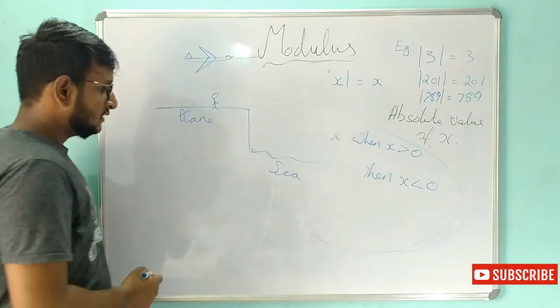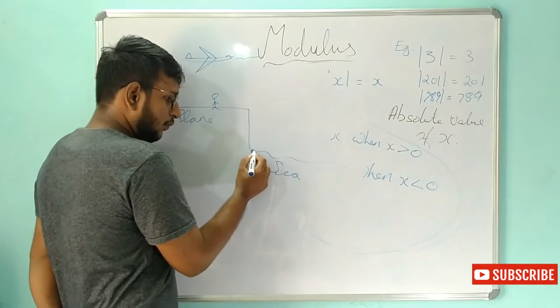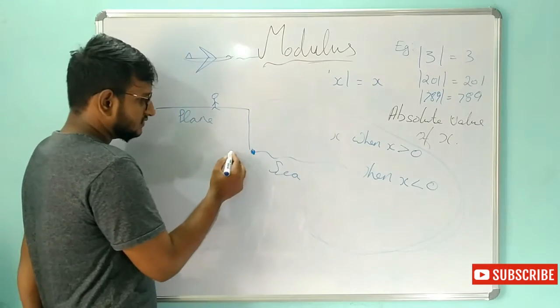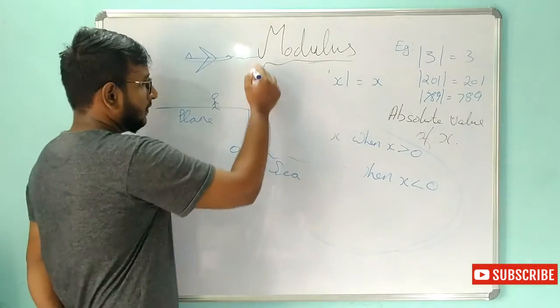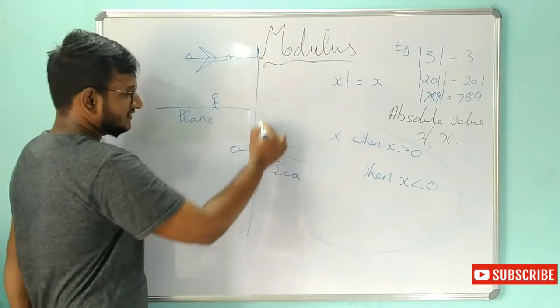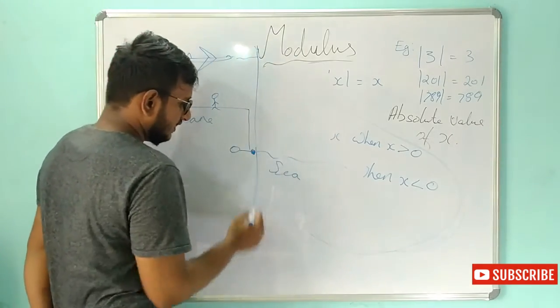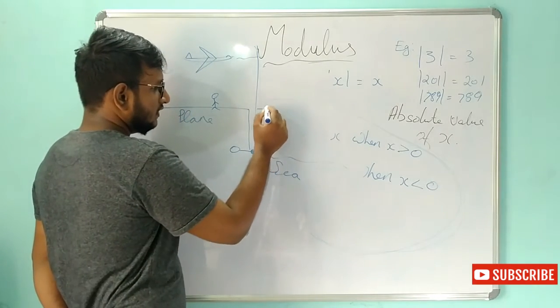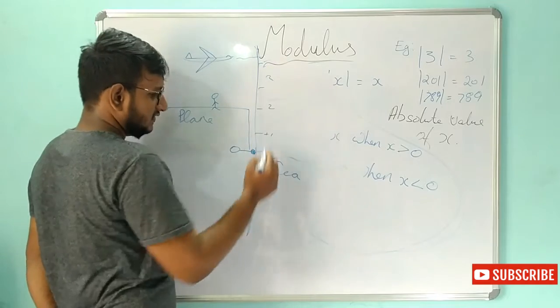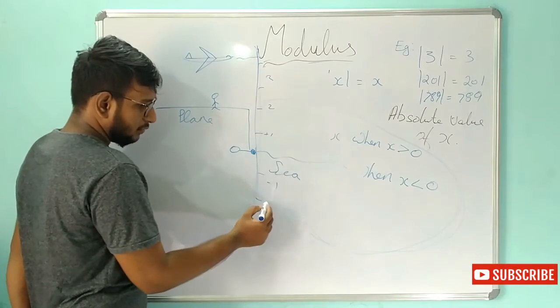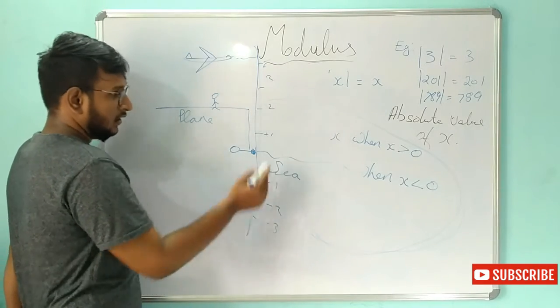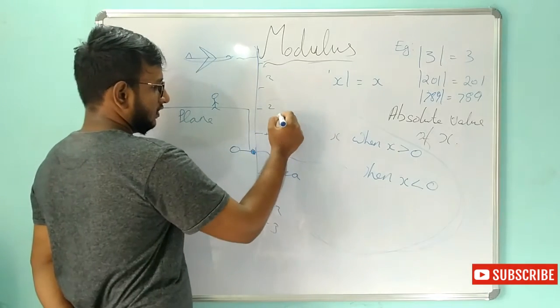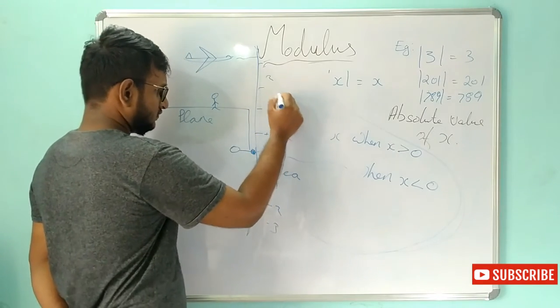Here the sea level becomes the 0 of the number line. If you take this as a number line, it starts at 0, then plus 1, 2, 3 and so on, and here there will be minus 1, minus 2, minus 3. Let's say it's in kilometers.